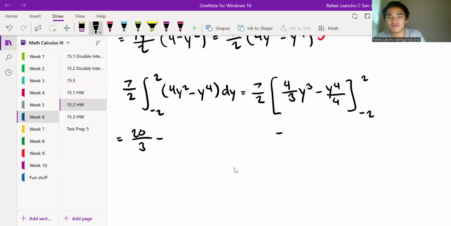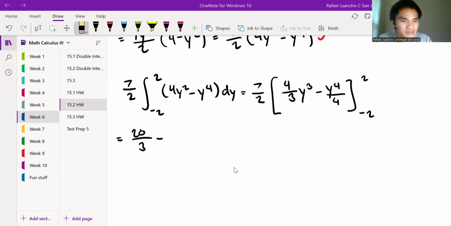So negative 12. Oh, oops. -8. What am I saying? -32. That's -8 times 4, -32. Thirds, and then this is minus, or in this case, plus 16 over 4. So that's basically 4, 12 thirds, right? And I have 12 minus 32, which is just -20, right? And I basically just add it here, so I get 40 over 3.